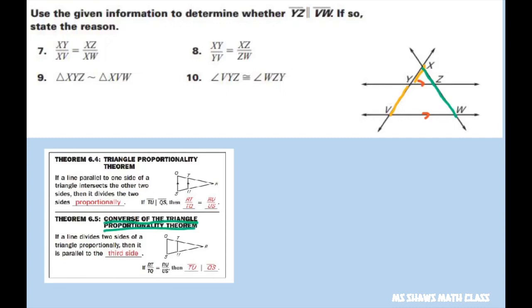So if you have the lines, let's just do it the way they did it, RT divided by TQ equals RU divided by US, then these two lines are parallel. So that's just by the converse of the triangle proportionality theorem.